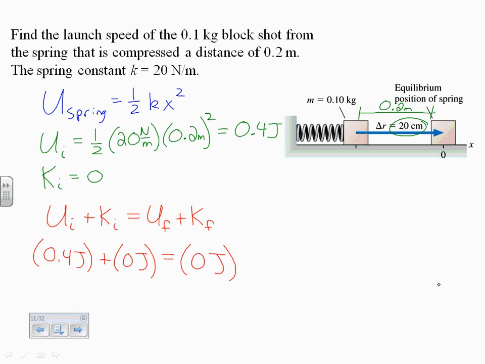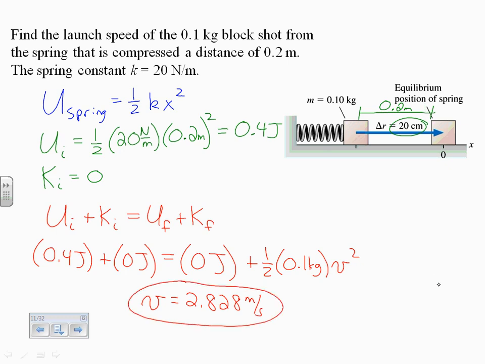Because this question asks us for what the final launch speed is, we'll replace the final kinetic energy with 1/2 times the mass, 0.1 kilograms, times the speed squared. And if you solve this for the speed, you get that the speed of the block is 2.828 meters per second.